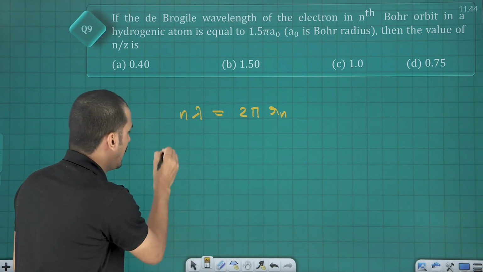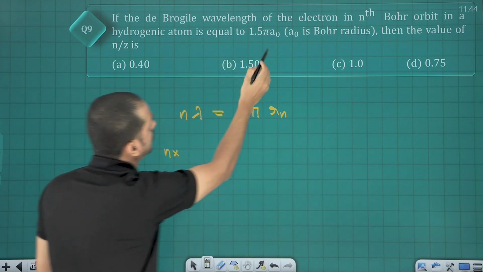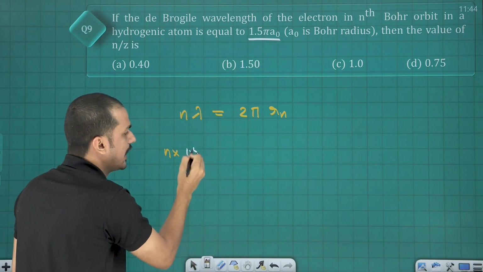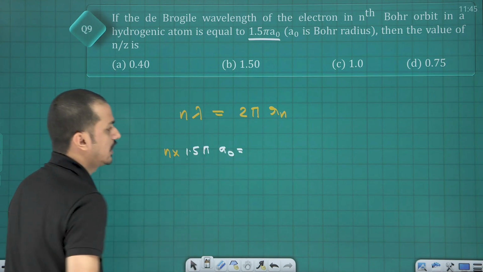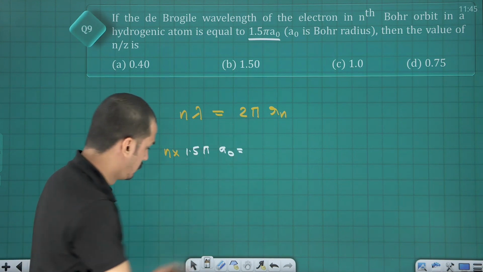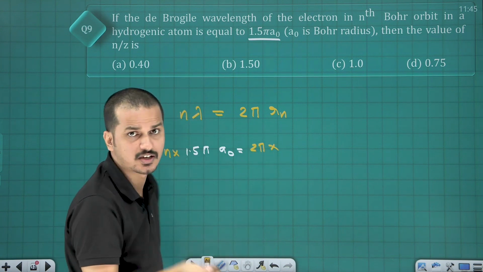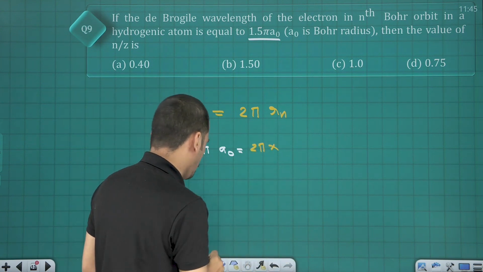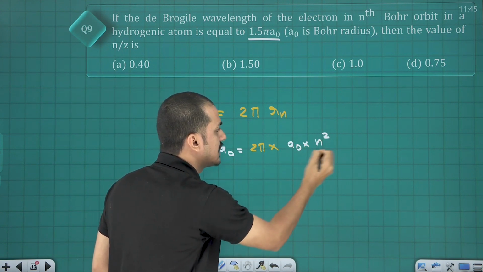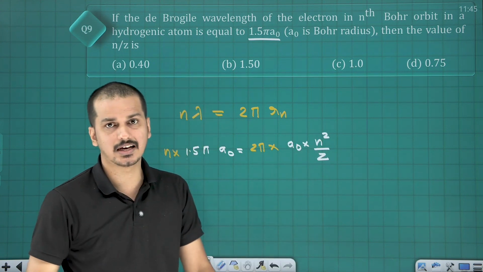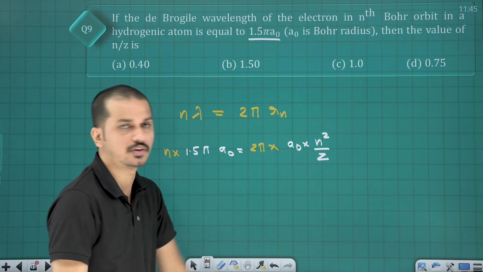For lambda they have given 1.5 pi A0, which equals 2 pi into Rn. Rn, the radius of the nth orbit, is A0 into n square by z.